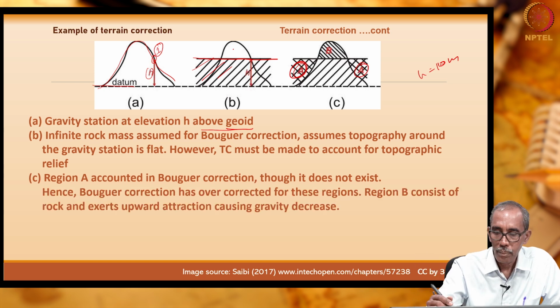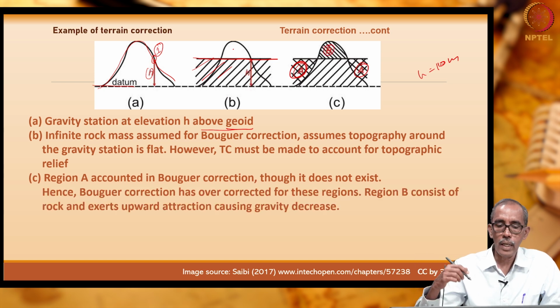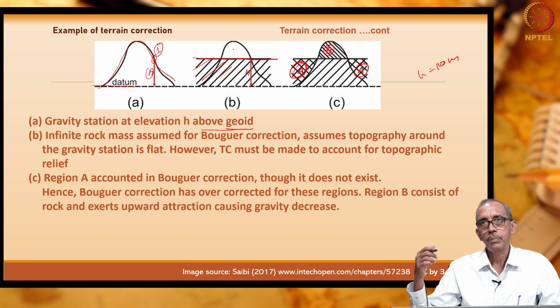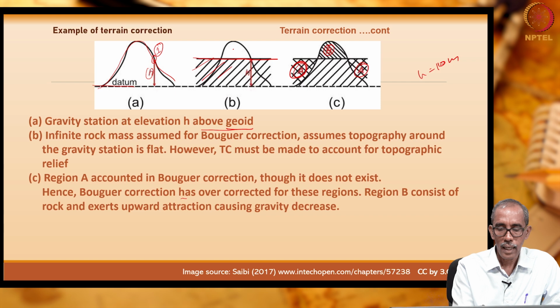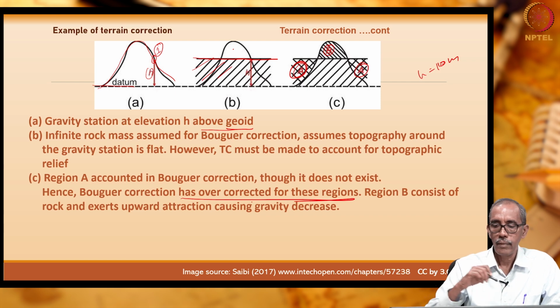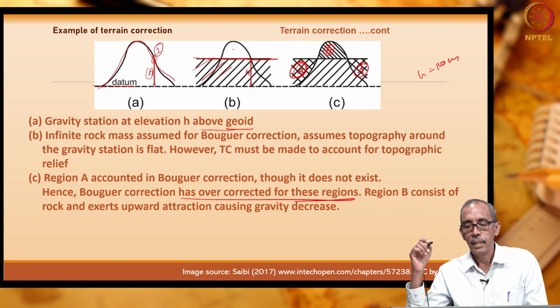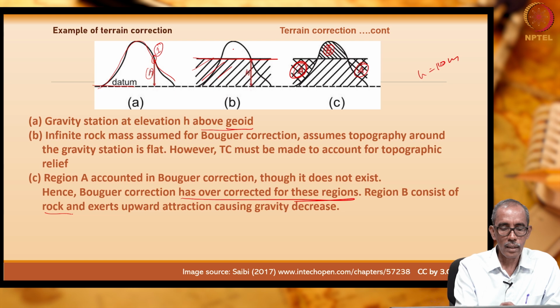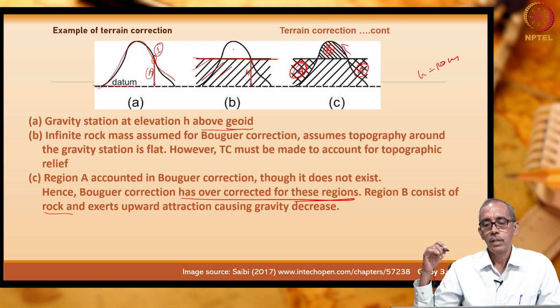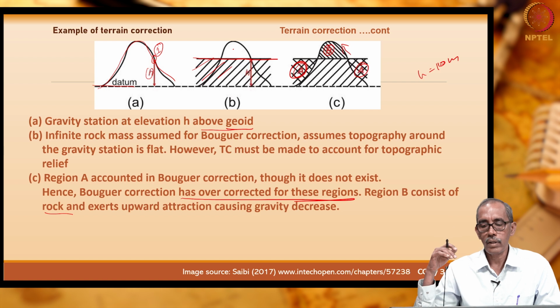Similarly, region B has to be accounted for, which is present but was ignored in Bouguer correction. Hence, Bouguer correction has over-corrected these regions. Region B consists of rock that exerts upward force, leading to a reduction in the gravity value, isn't it?